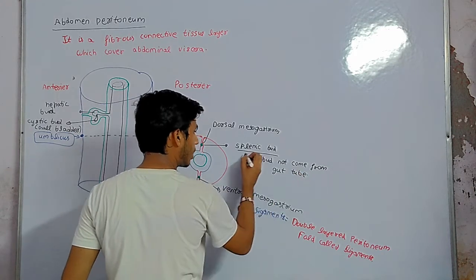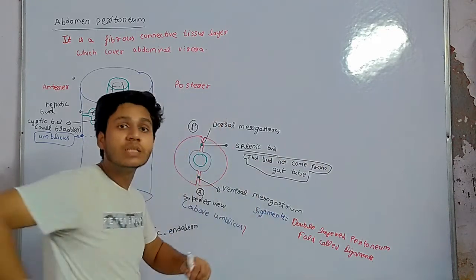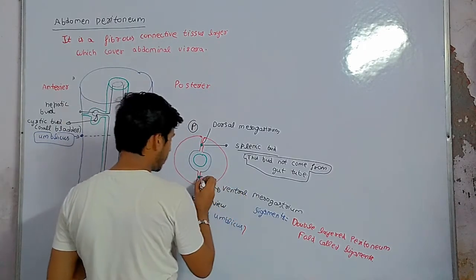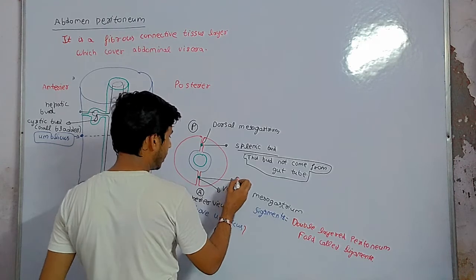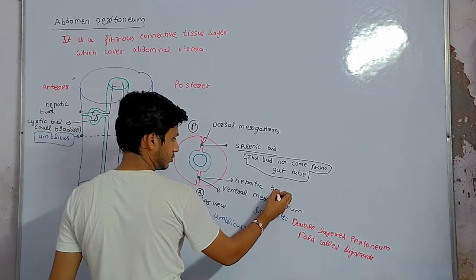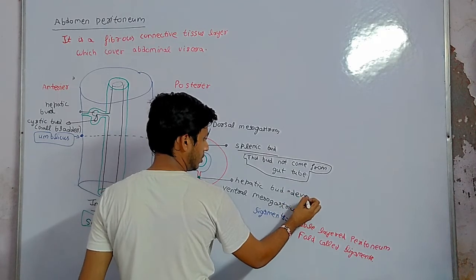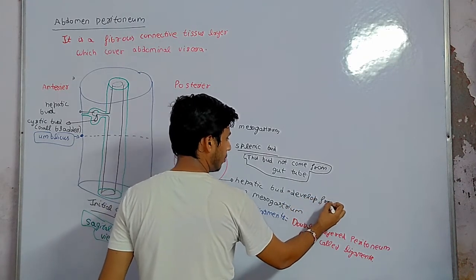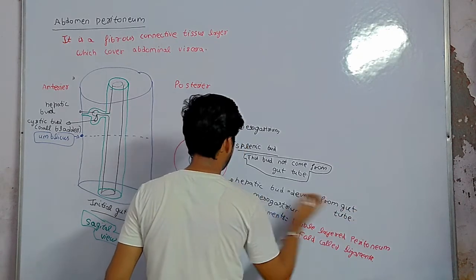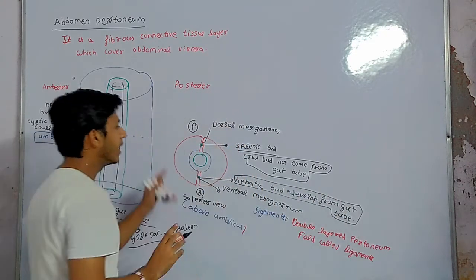The splenic bud is present in the dorsal mesogastrium. Remember, the spleen is present posteriorly, so its bud is also present posteriorly, dorsal. And the ventral mesogastrium has the bud called the hepatic bud, developed from the gut tube. Done. Hepatic bud and splenic bud.